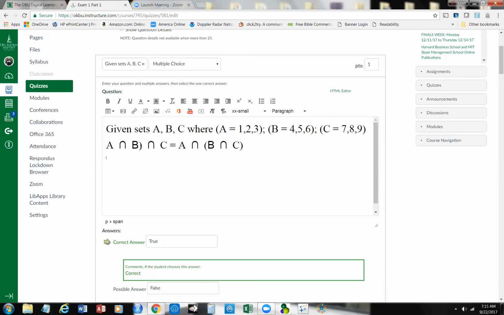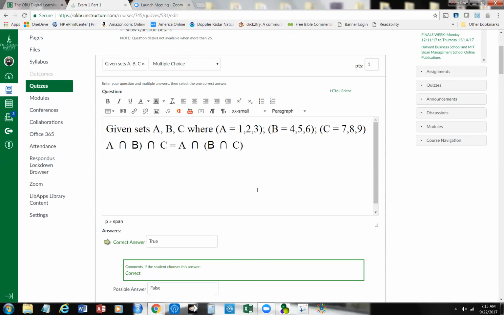Now, the intersection of A and B is empty, because there's nothing that they share. And then you say, okay, is there anything between that set and the intersection with C? And that's a null set, because the intersection of A and B, that is, everything in A and B that match, there's no match there. And there's no match in that empty set with this set.